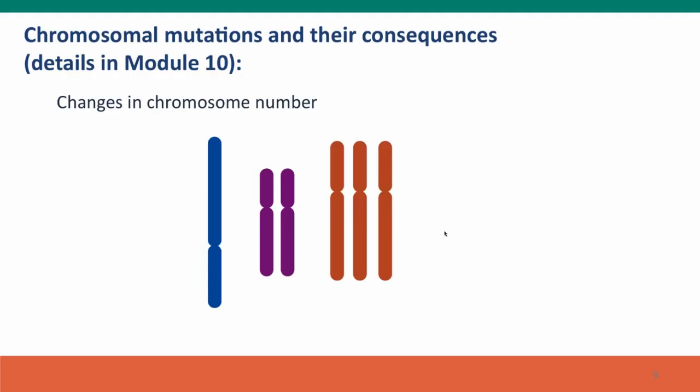So a cell with this genotype would only make half as much of this protein as it normally would, and it would make 50% more of proteins on this chromosome than it normally would. They're also important because they create problems for sexual reproduction. And this will be discussed initially in Module 7 when we talk about sexual reproduction, about meiosis, and then again in more detail in Module 10.